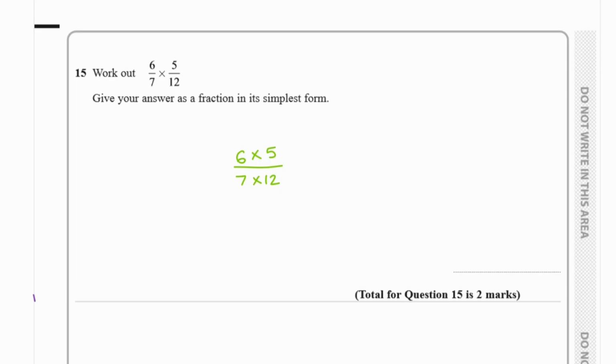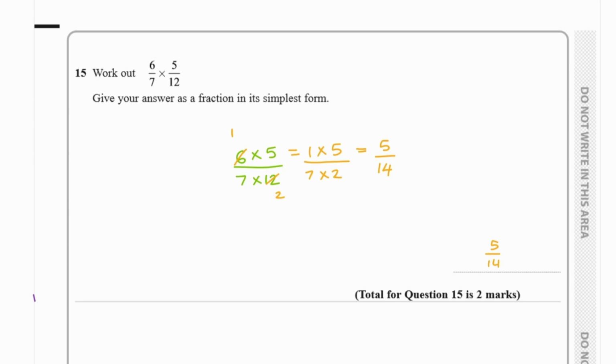So we can do 6 divided by 6, which is 1, and 12 divided by 6 gives us 2. So we can now rewrite this as 1 times 5 over 7 times 2. And 1 times 5 is 5, and 7 times 2 is 14. And this fraction cannot be simplified anymore, so our final answer for this question is 5 over 14.